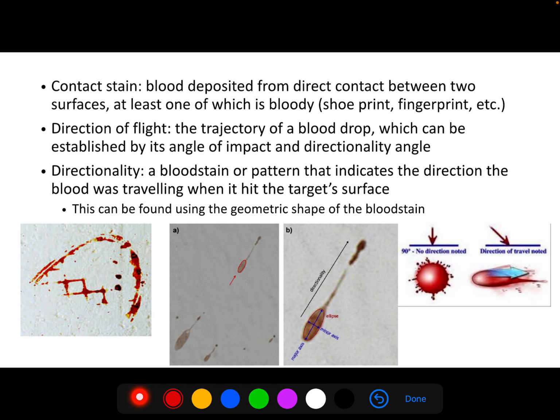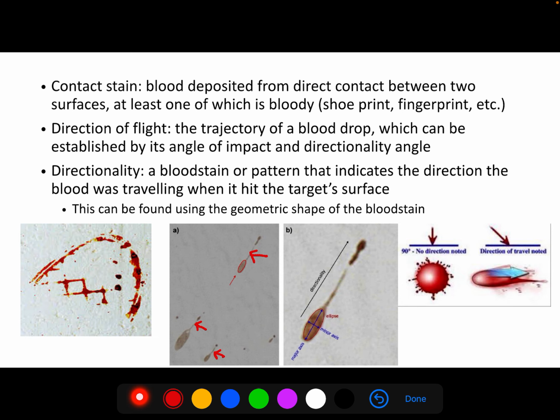So in order to tell the direction of a blood stain, we're going to look at the tail that gets given off of it. So if you look at these images in the middle, notice there's a blood drop and there are these tails that come off of the blood drop. Whatever direction that tail is pointing is the direction the blood was traveling, because the main blood drop will hit the surface and a little bit of the blood will continue moving.